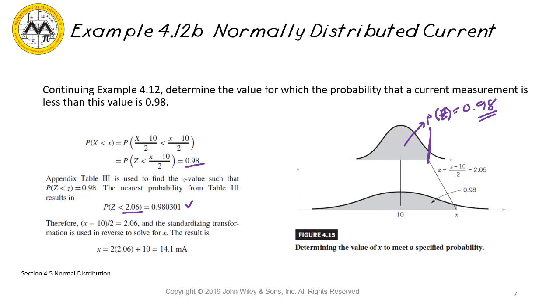With that 2.06, we use (x minus mu) over sigma equal to 2.06, and from there you can compute for x, which is 14.1 milliamperes.